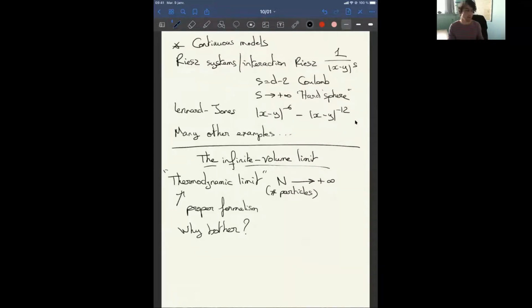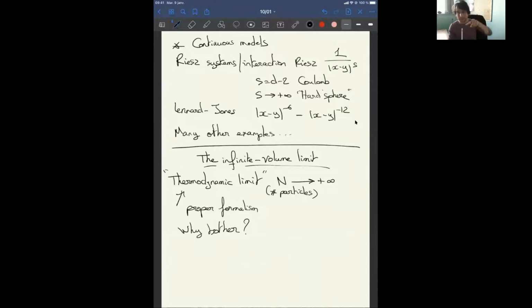Why? Because we'll discuss that, but the typical way of defining a phase transition is to say that some quantity is not smooth at some value of, say, the temperature. But if you work at finite n, almost every quantity that you can write down is a polynomial in all the spins and positions and temperature and so on. And so this is never singular, it's always smooth.